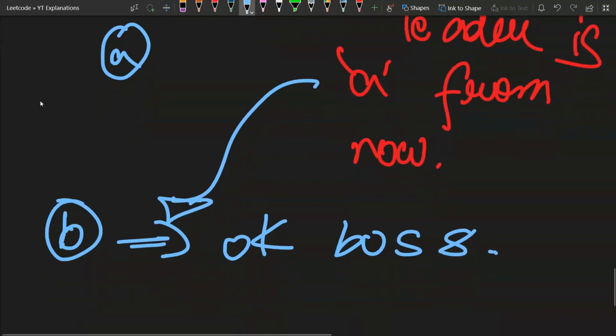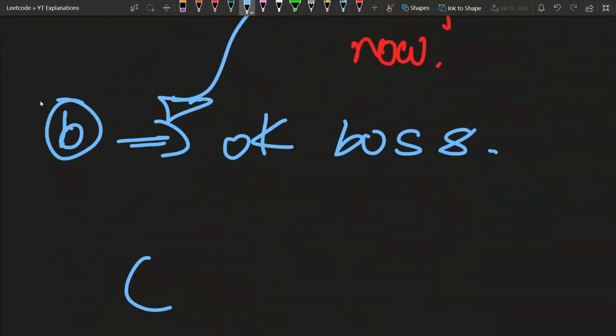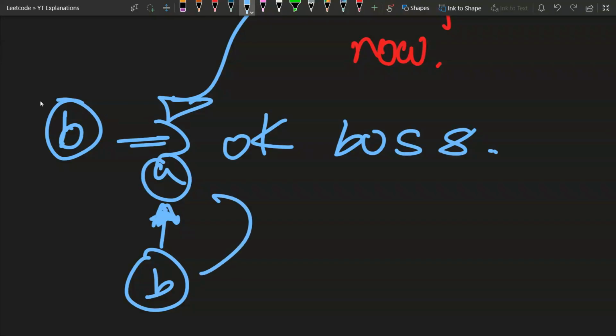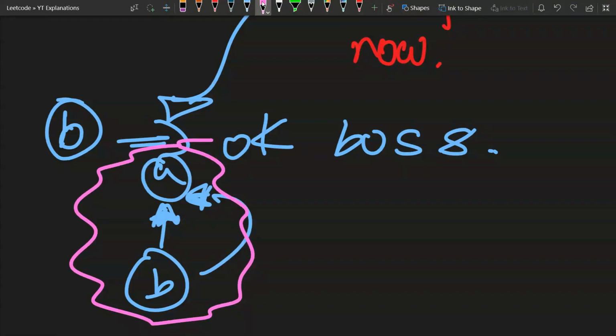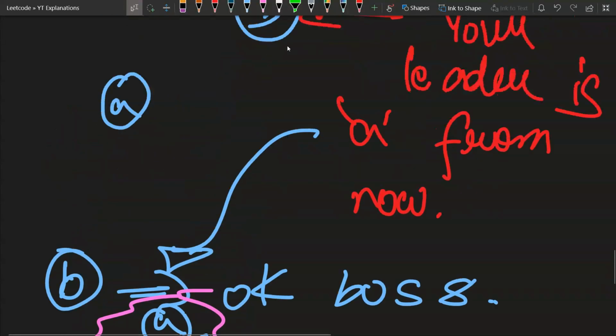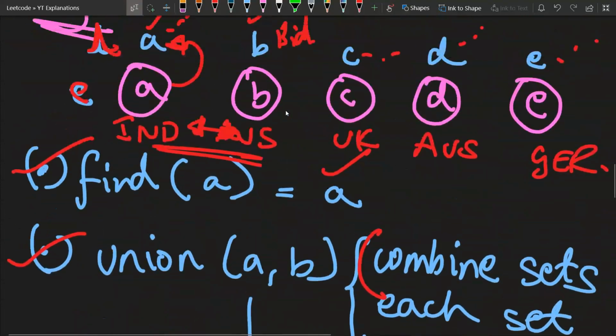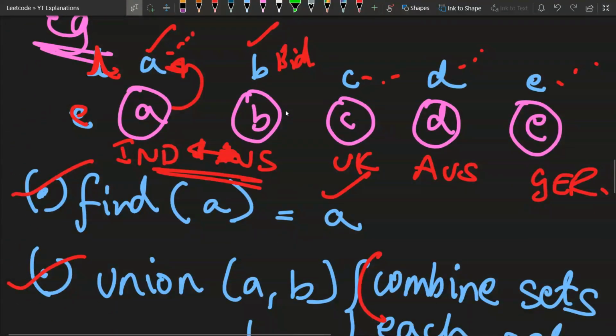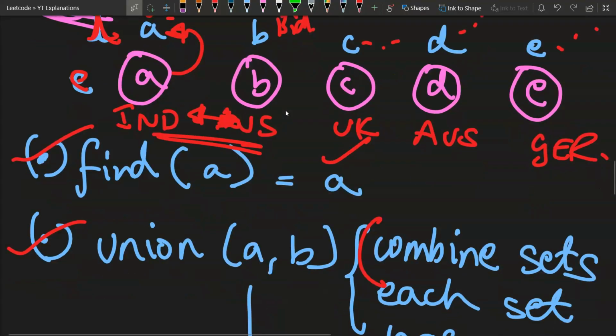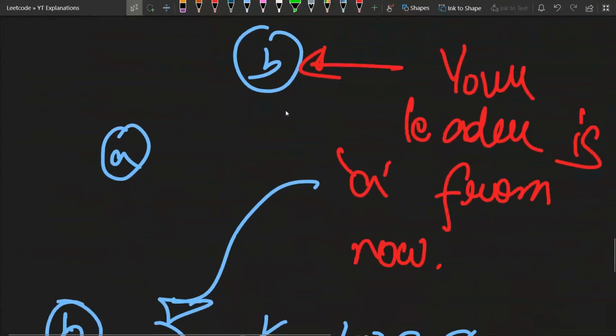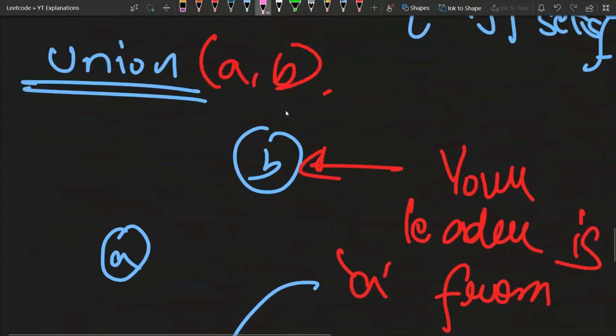Now B starts obeying A, whatever A says. So now B's leader, B's prime minister, is A, and this whole thing becomes one set. So that's basically the union operation. Of course, there are more optimizations, and this is just the brute force approach. But let us see all that in the upcoming video. So this was the entire concept.